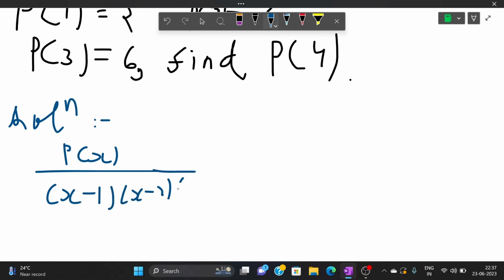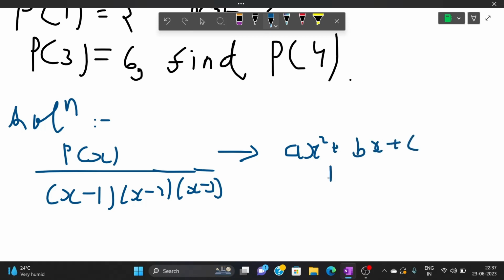I divide a cubic by a cubic. So I can expect a remainder whose degree will be at max 2. So I will expect a quadratic remainder.